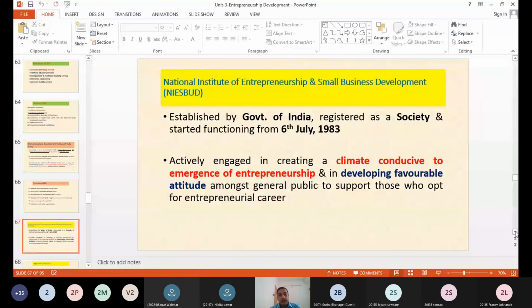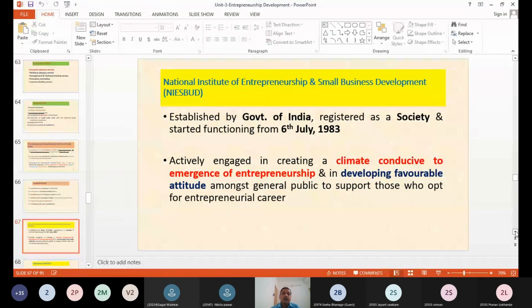Then we have the next such agency, that is National Institute of Entrepreneurship and Small Business Development, which is called NISBUD. The NISBUD was established by Government of India and registered as society and started functioning from 6th July 1983.